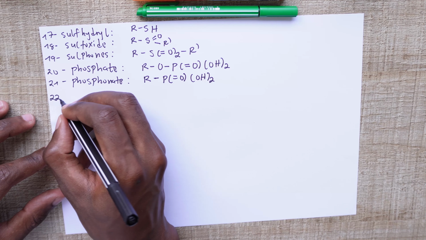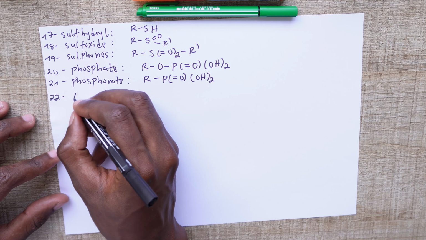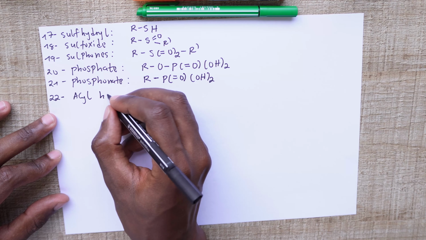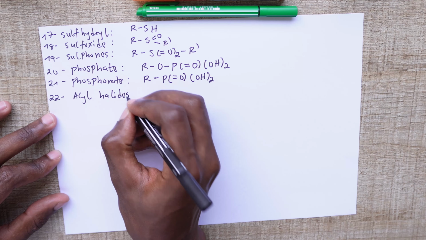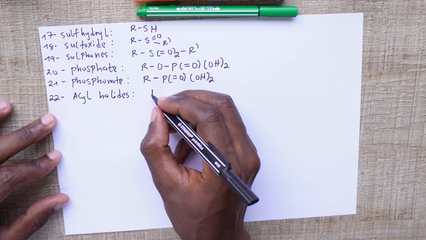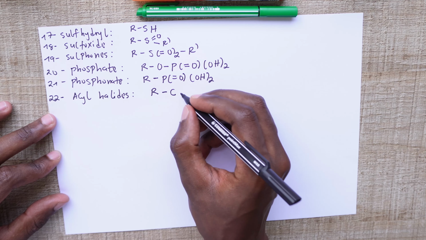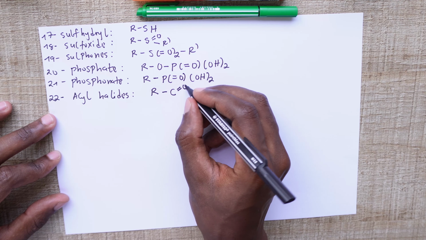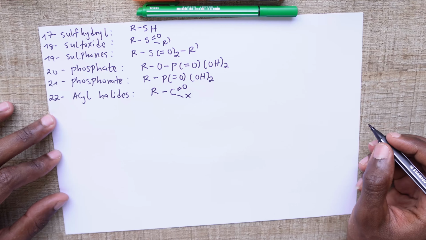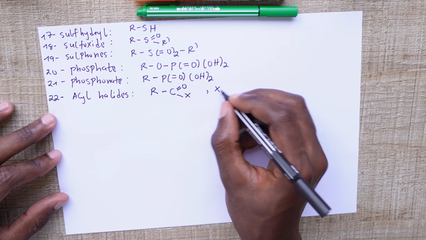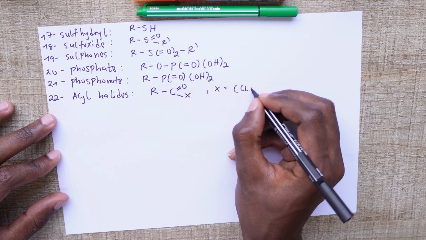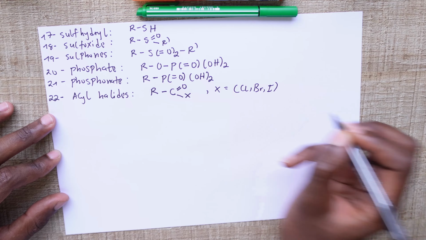Alright, number 22, we have the acyl halides. So an R, C, O, and then an X, where X here is a halogen. Again, could be chlorine, bromine, or iodine.